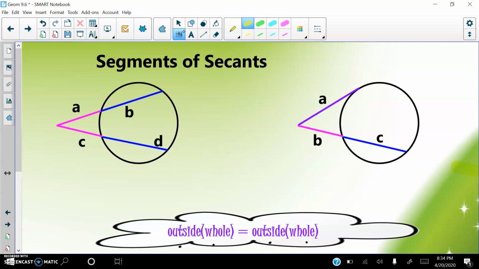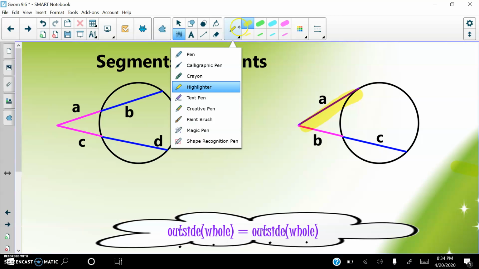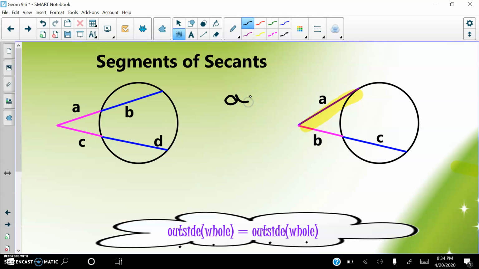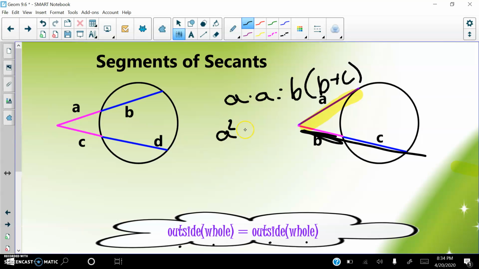So for this, I have the outside times the whole. The outside is A times the whole, which is A, is equal to the outside B times the whole thing, B plus C. Or I can say A squared is equal to B times B plus C. Either way is fine.